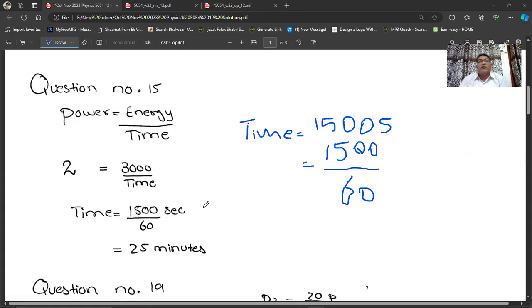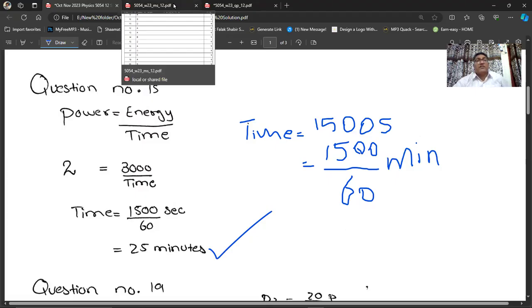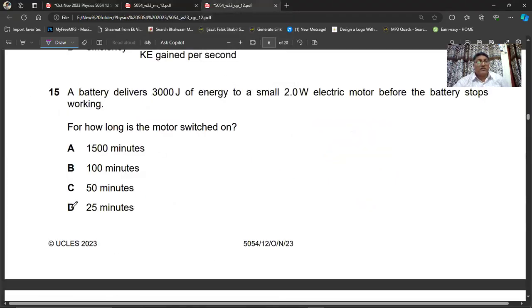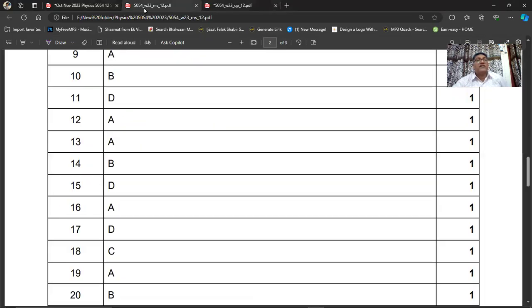So the time will be 3000 divided by 2, and the time will be 1500 seconds. Then we will convert the 1500 seconds into minutes. For that, I will divide 1500 by 60, and it will give me 25 minutes. So the final answer is 25 minutes. So let's check here. 25 minutes is the D choice. Question number 15, D choice.